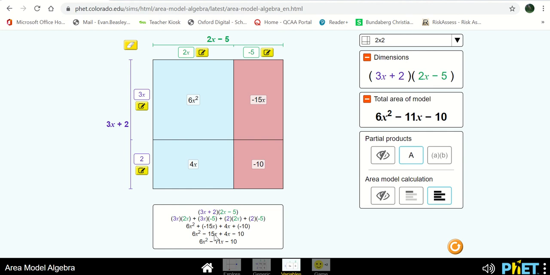We want to see that we've got an x and an x and a 3x and a 3x, which is common to that part. So you can see that that 3x, which is common there, is over here. And let's have a look here. We've got a 4x and a take 10. So we've got a positive 2, which is common over here. And that's it over there. And I think that'll do us for the moment.